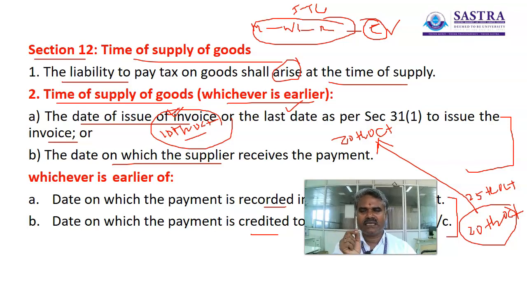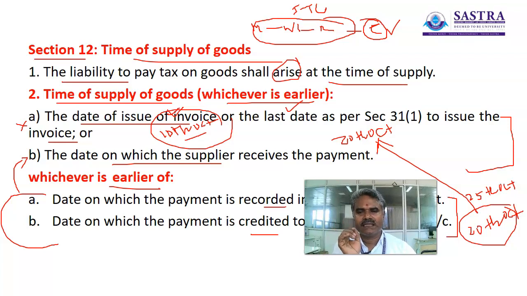Then, the date on which the supplier receives the payment: for this one, you have to consider the two and take whichever is earlier. This rule is only for B, not for A. These are the date on which the payment is recorded in the books of account and the date on which the payment is credited to the supplier's bank account.